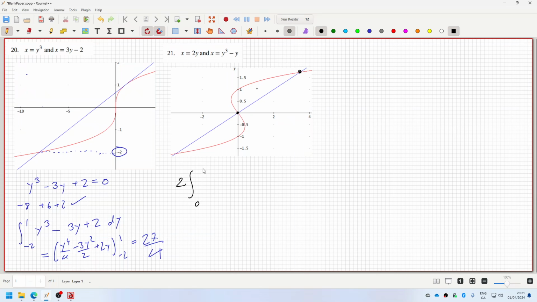From 0 to the upper limit, the linear minus the cubic. So that would be twice, well, that's 2y plus y. That's 3y. 3y squared over 2 minus y to the power 4 over 4, from 0.